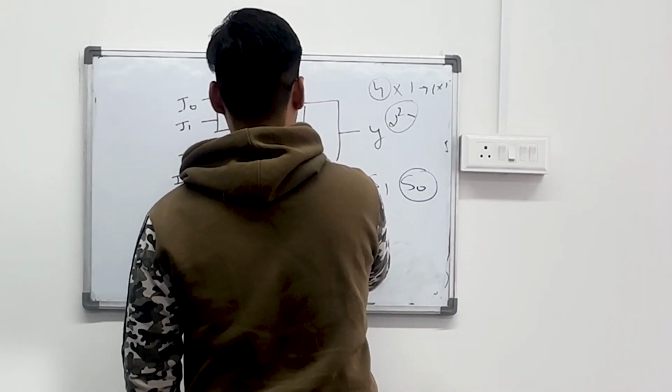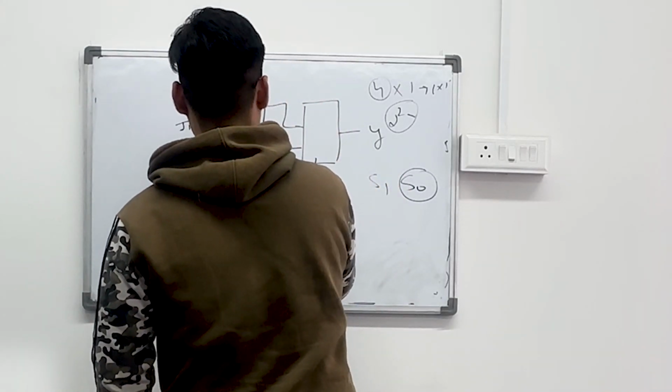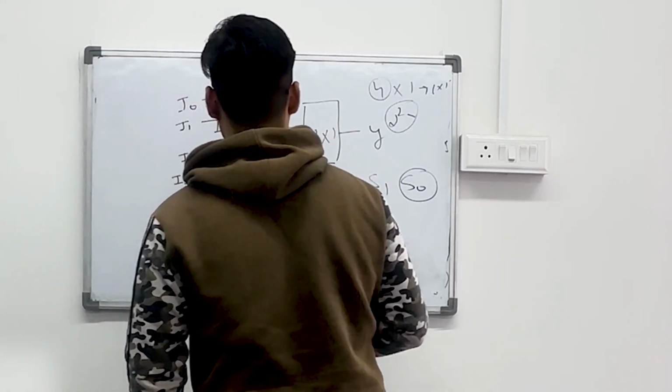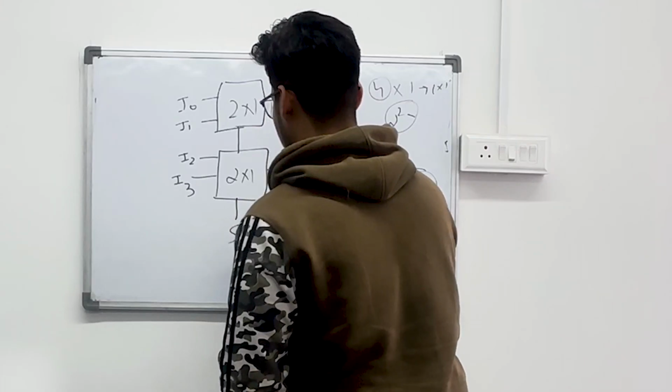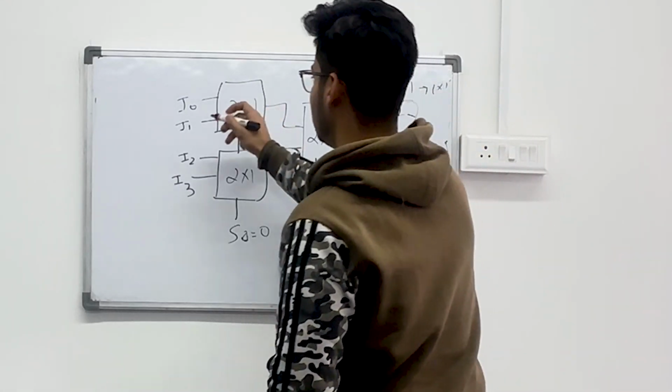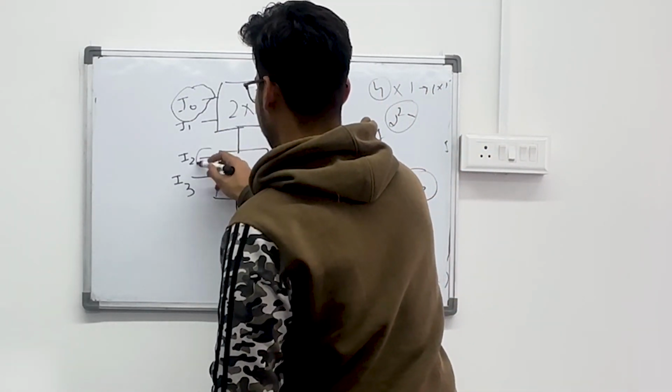So from here we can get our output. Suppose I have an S1 S0 combination of 0 1. What should I get as output? If S0 is 1, we will check first. So I1 will be selected from here, and from here I3 will be selected.